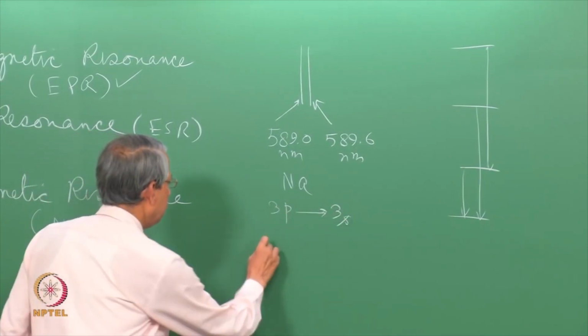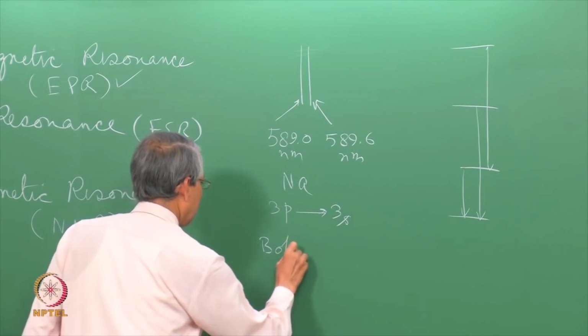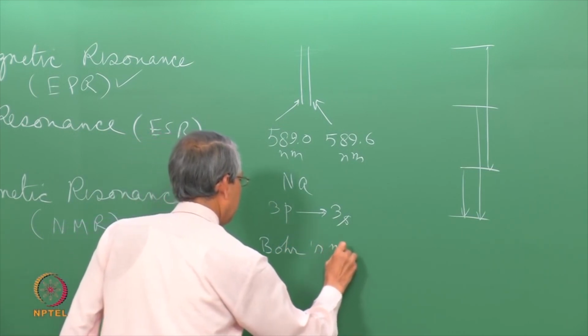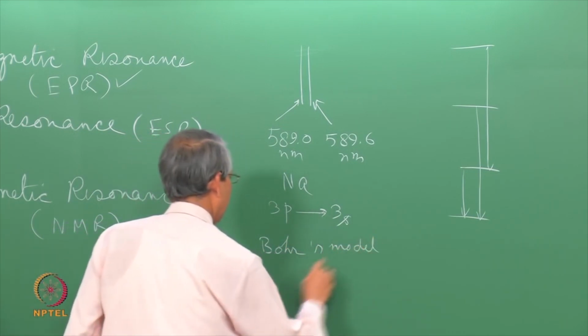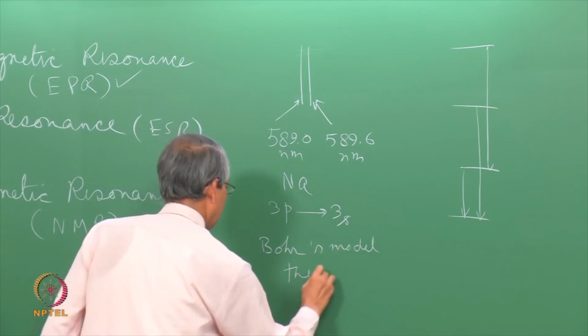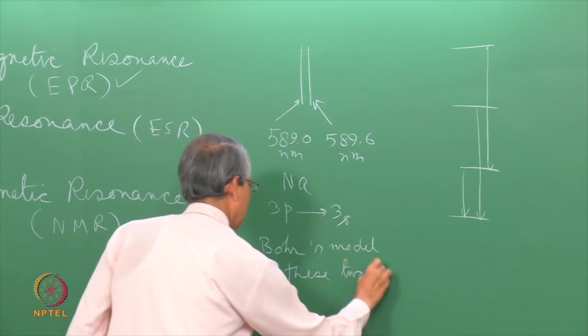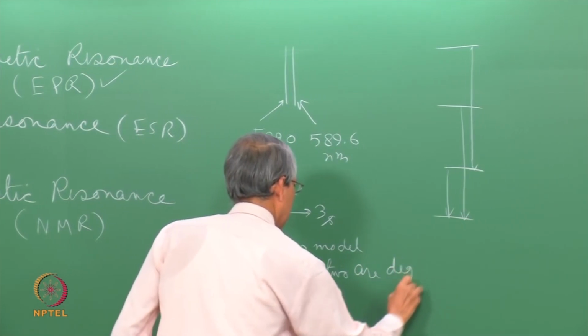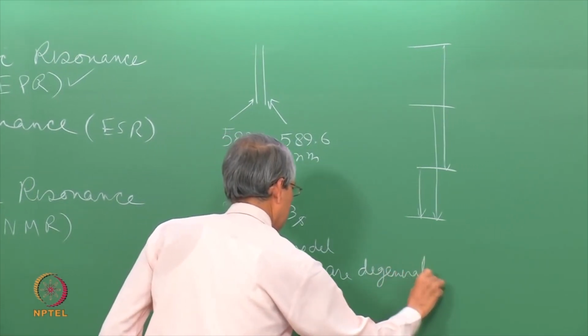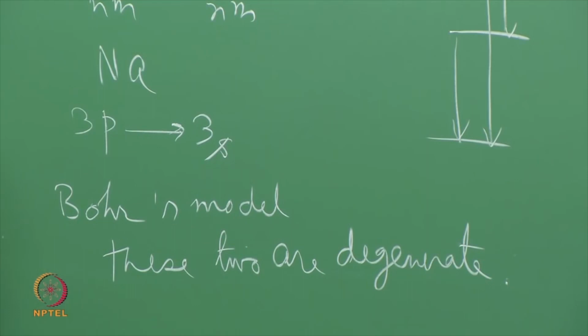In Bohr's model, these are degenerate. So, the limitation was obvious, that everything is not quite understandable.